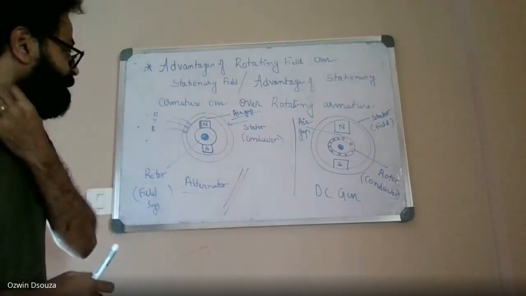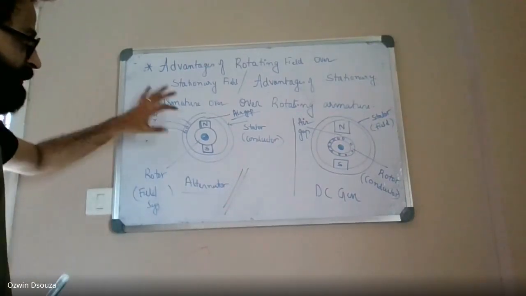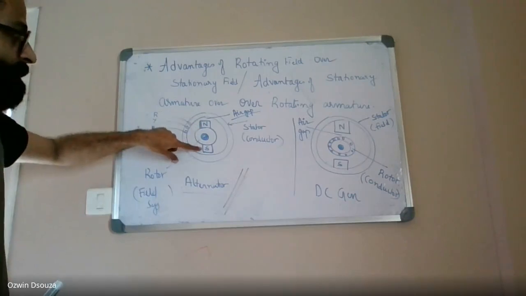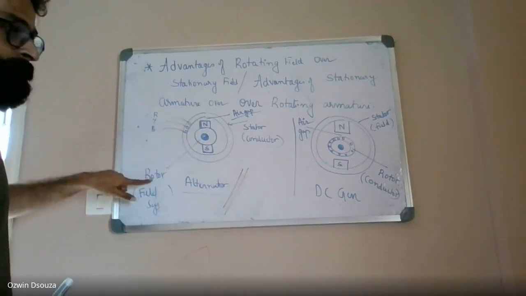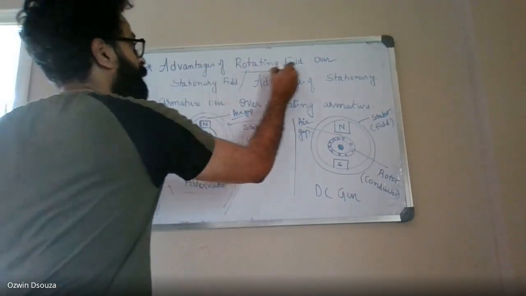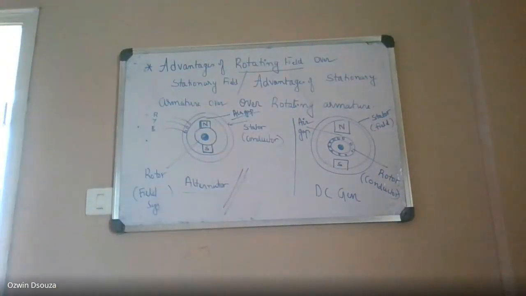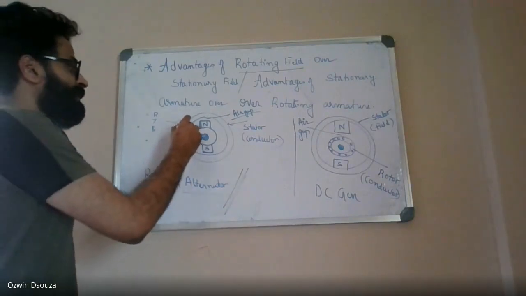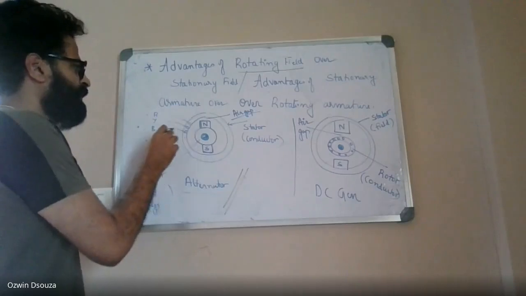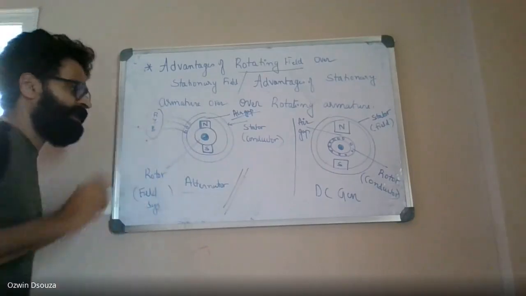In your alternator, you can observe that the field system is mounted onto the rotor. Hence, in an alternator, you will have a rotating field. Also, the conductor system is kept on the stator. Hence, you will have a stationary conductor.